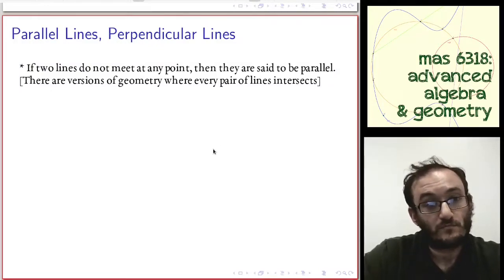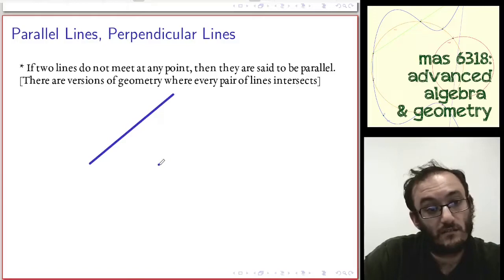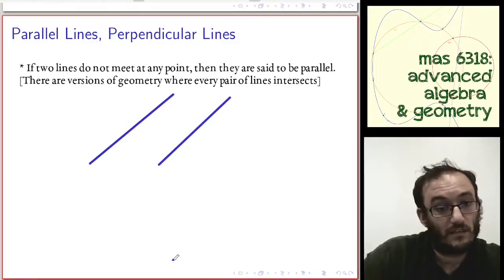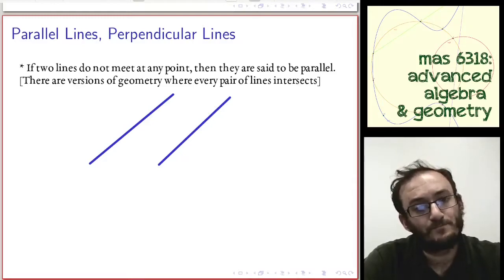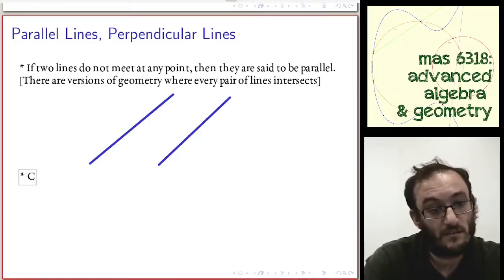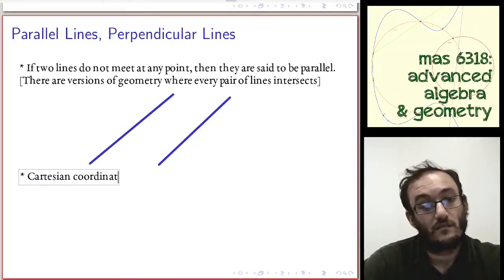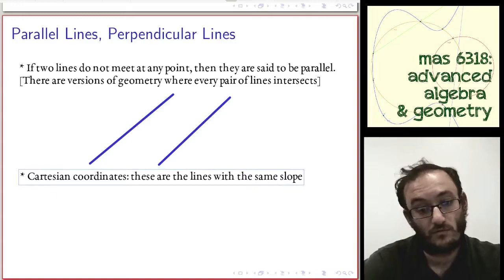Okay, and here we can take two lines. If they will never meet, then they are parallel. In terms of Cartesian coordinates, these are the lines with the same slope.